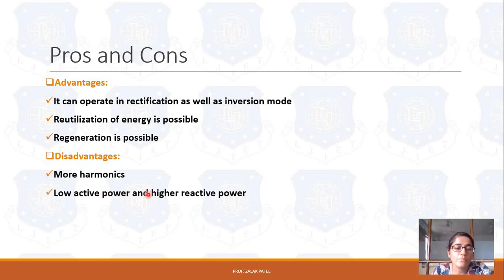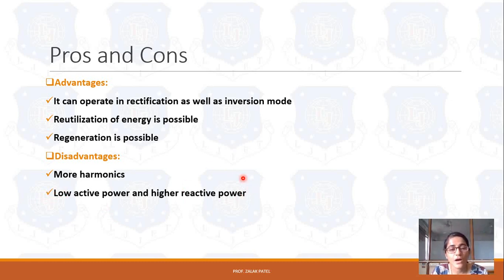Then there is low active power and high reactive power. We already discussed active power and reactive power in the analysis of the full converter. Active power should be as high as possible because it is a useful power, but in the full converter it has a lower value, which is not desirable.